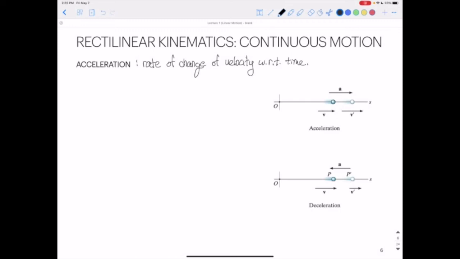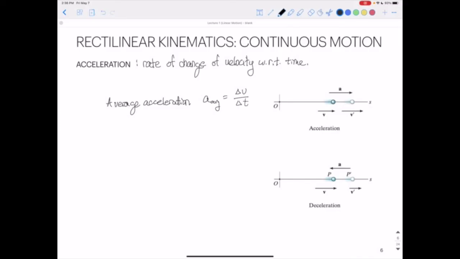So in the very same process as with velocity, we can say the average acceleration of a particle, we'll write this as our average is equal to delta V over delta t.